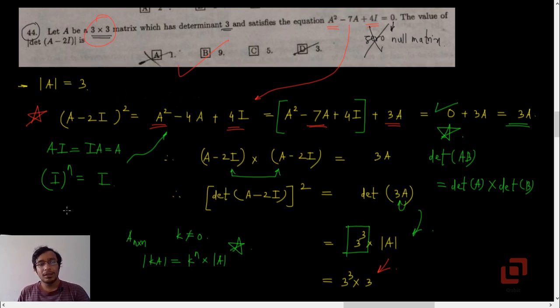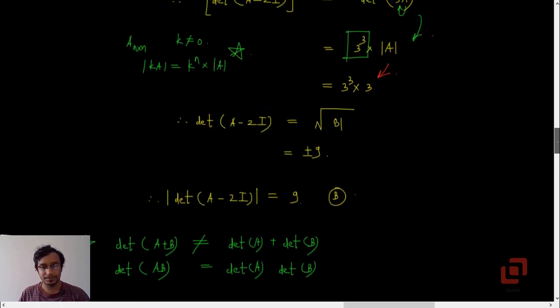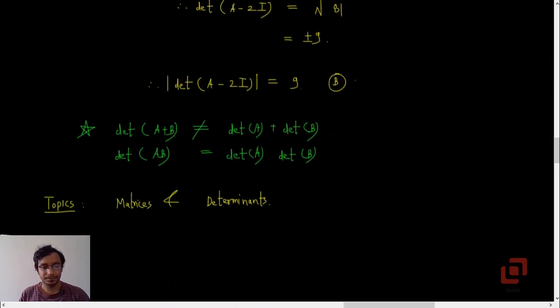Now, students often get confused between these two. They think that determinants behave like numbers. So the determinant of A plus B is always the determinant of A plus the determinant of B. No, that is wrong.